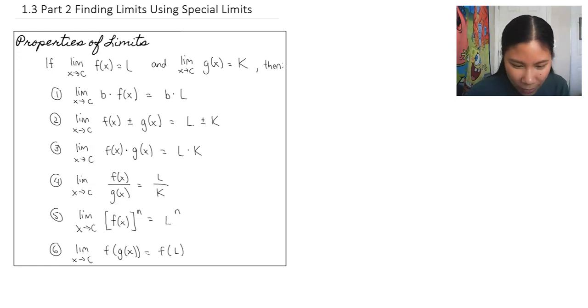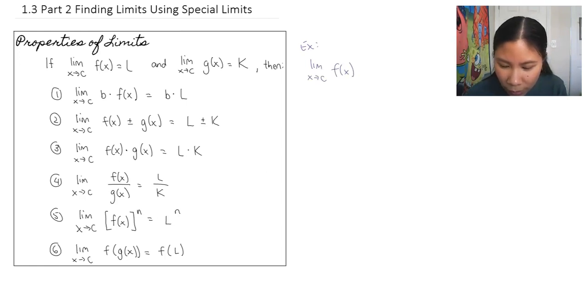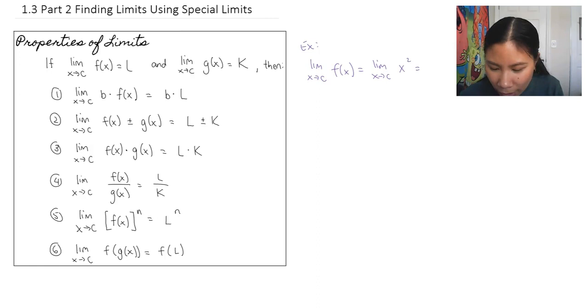So let's pretend that for some limit as x approaches c, we'll call it f of x. Let's actually pretend that f of x is the function x squared, and this limit equals 3.